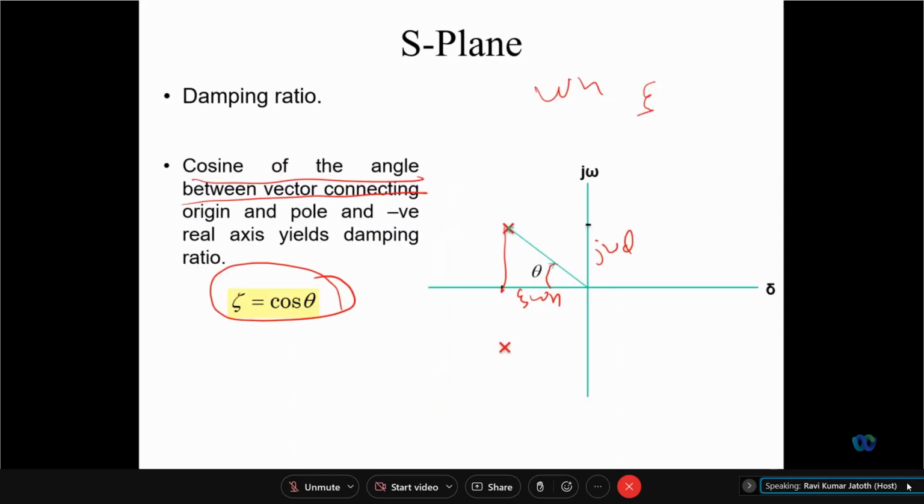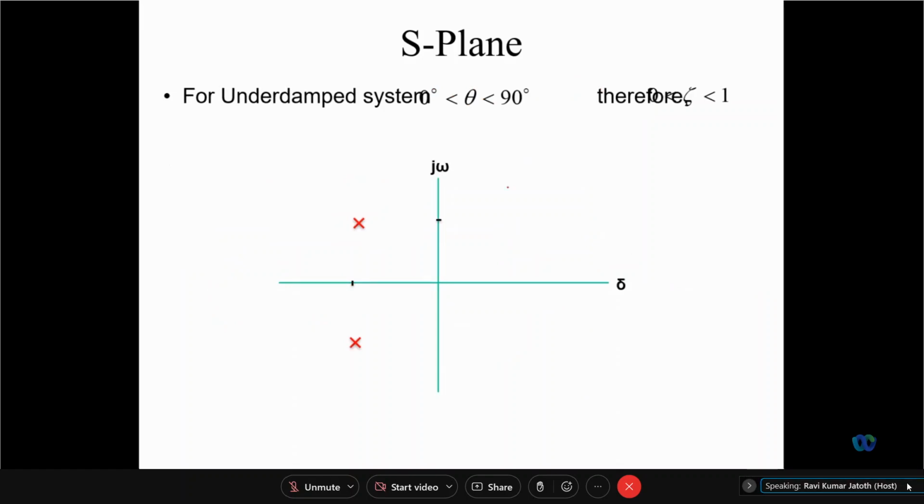The pole is minus omega n zeta plus or minus j omega n under root 1 minus zeta square. When zeta is 1, this part is 0 and the roots are real, correct?